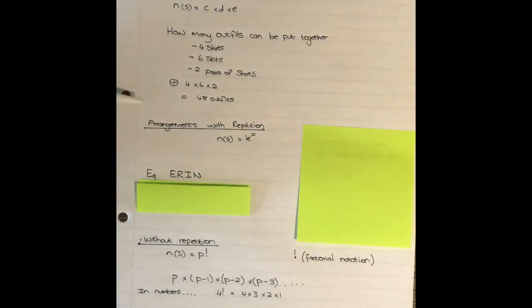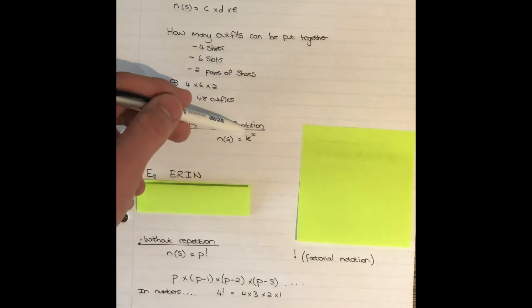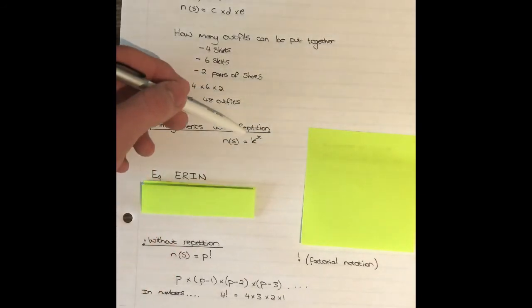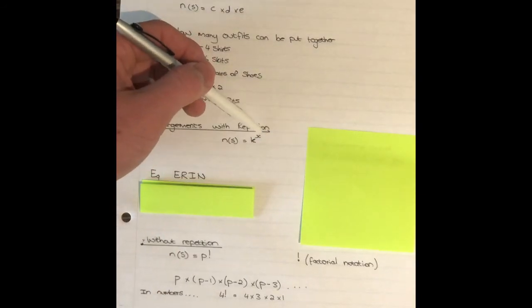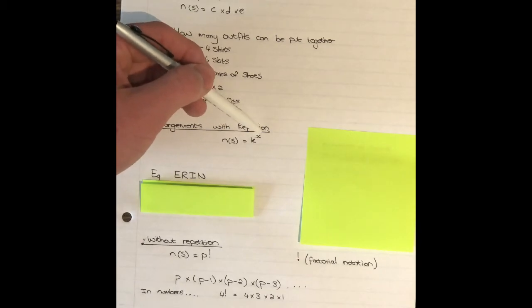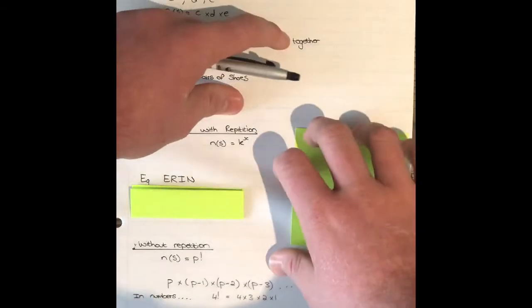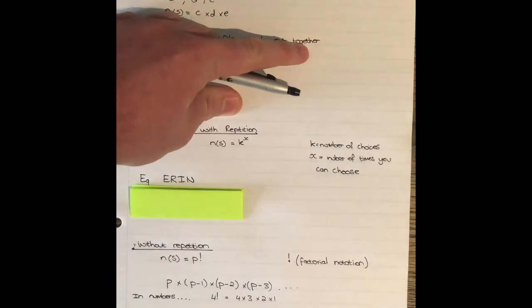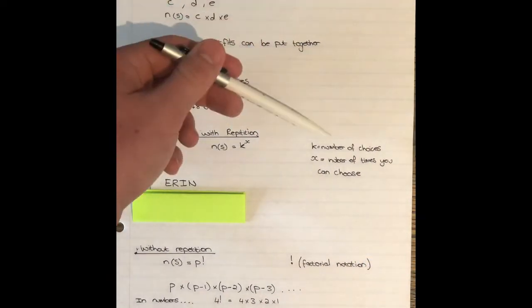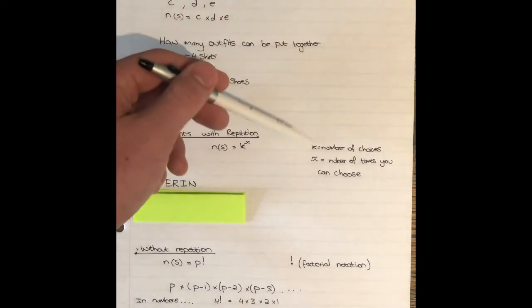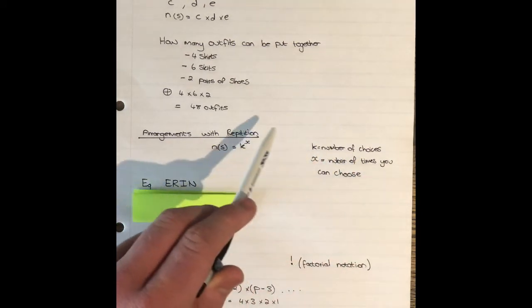Okay, next one, arrangements with repetition. This is very important. So, the sample set will equal k to the power of x. As you can notice, an exponent is here. This means k is the number of choices, and x, the exponent, is the number of times you can choose it.